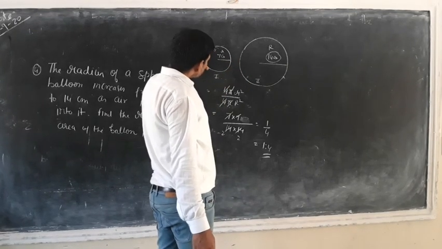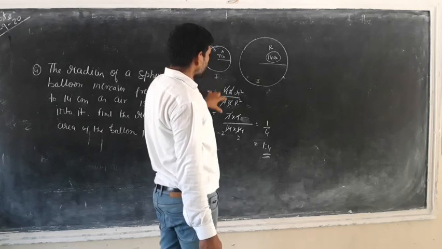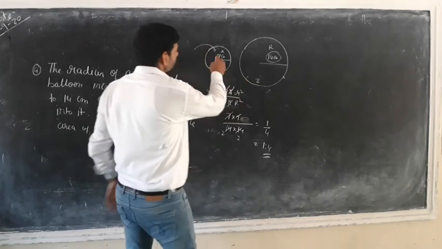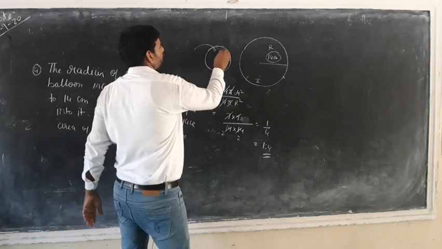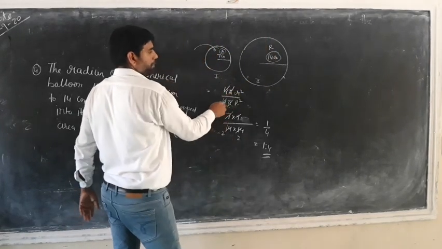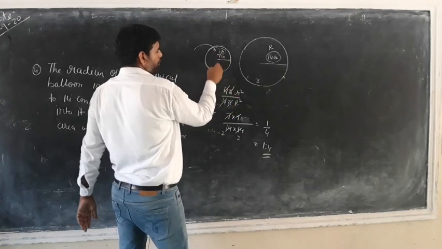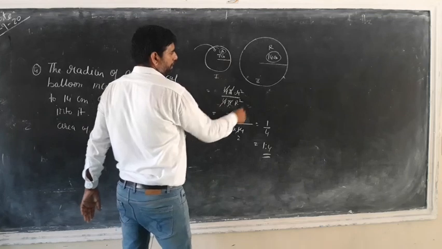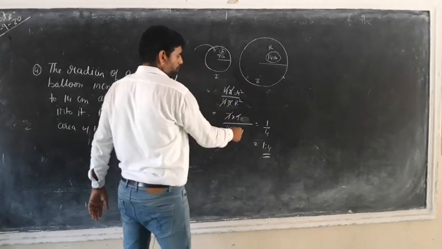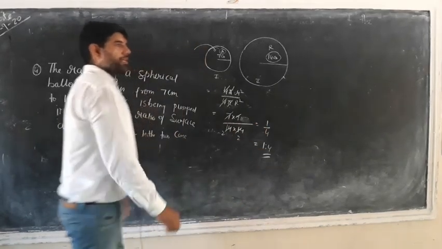The surface area of the first case upon the surface area of the second case: radius small r and capital R, 4 pi r square upon 4 pi R square. 4 and 4 cancel, pi and pi cancel. The first case is 7 into 7, the second case is 14 into 14. 7 twos are 14, so the ratio is equal to 1/4.